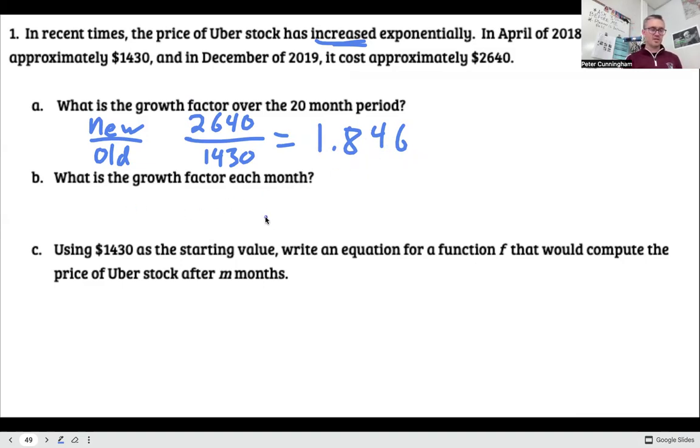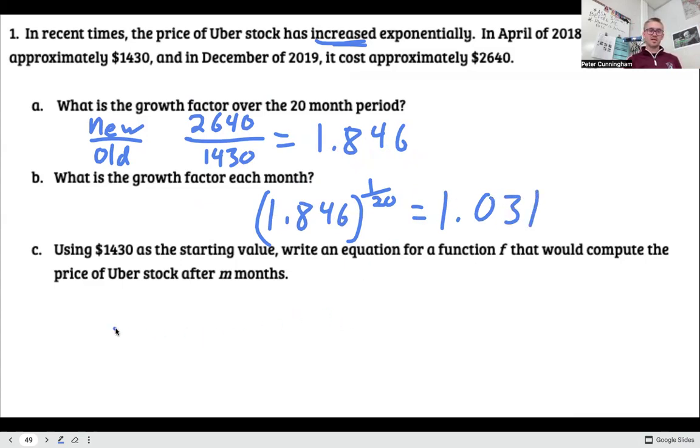So what's the factor per month? You would take that number, 1.846. I'll just leave it as its decimal. Take it to the power of 1/20th because you're taking those months, dividing it into 20 parts. And that's your monthly growth rate.